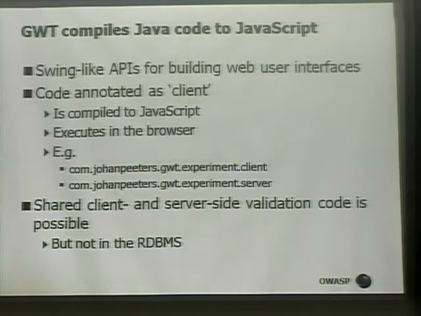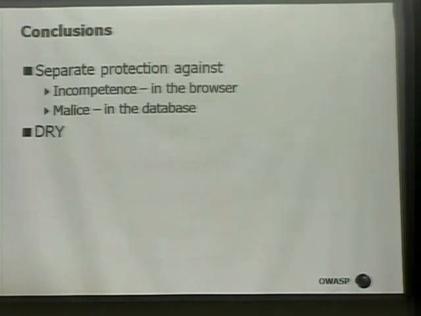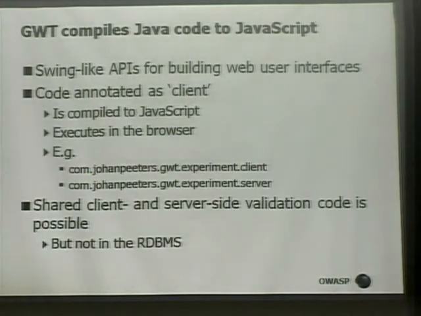GWT goes a little bit further in the sense that it compiles Java to JavaScript if it's executed on the client side, and so the same code can be both run on the server and on the client. So you have the same code running on different tiers. But you can't do your validation in the database there either.